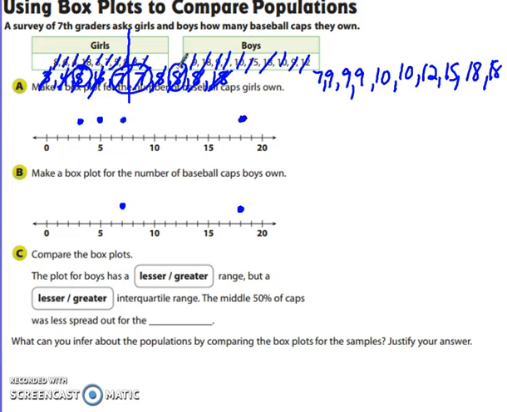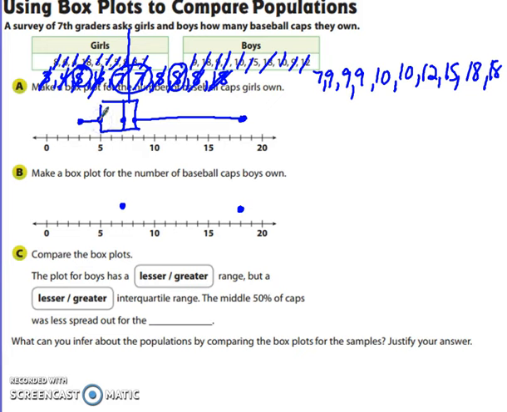So the 8 is the upper quartile. So 5, 6, 7, 8. When we do this, we are going to create our box around the lower and upper quartile. Then we are going to connect our greatest value and our least value.